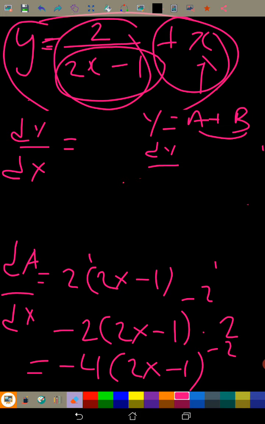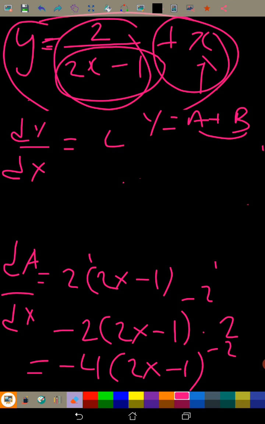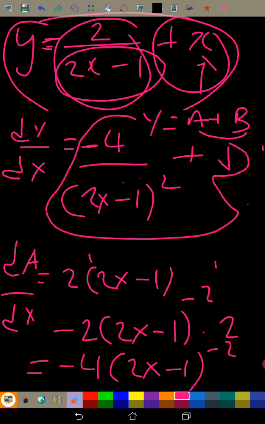So it's just easier to say that y is equal to this. This is what we got, plus 1. That should be the answer. Yes, there's a minus sign here. That's actually the answer here.